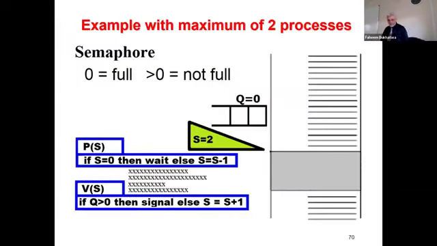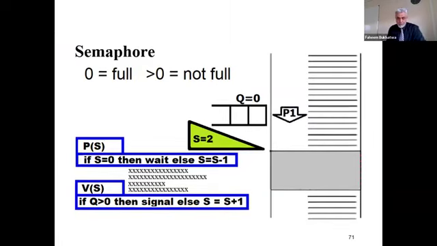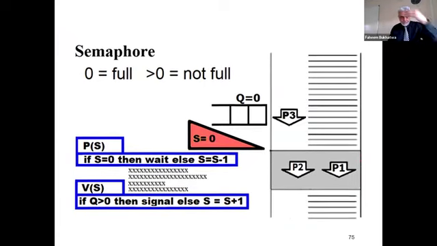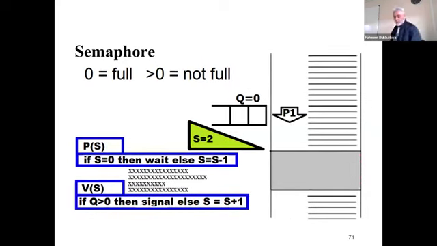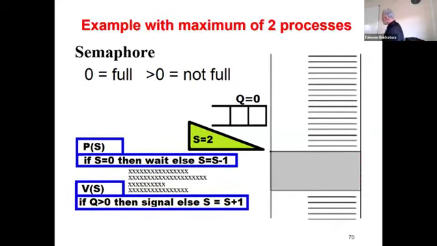Here it is. This is the idea of a semaphore. Hold on, we should have started with a number here. Okay. So here's a semaphore. We have a critical section that can allow 2 at any time. So we start with S for semaphore equals 2.